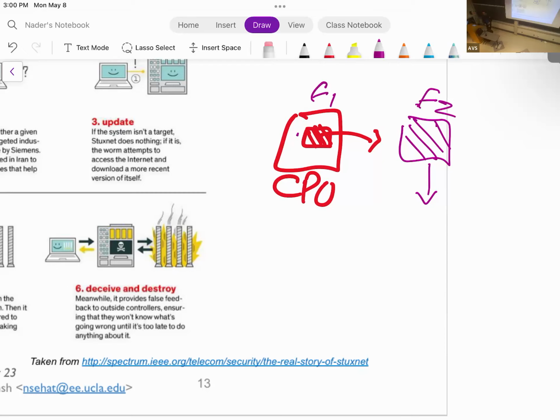So what we need to do is, if we are able to detect these kinds of changes, then we can detect that this PLC, for example, is compromised. I can stop using this, or I can go and actually change it, right? So I need to know the status of my CPU at each time. I need to know what is installed in this system. If I know that, then I can do something about it.